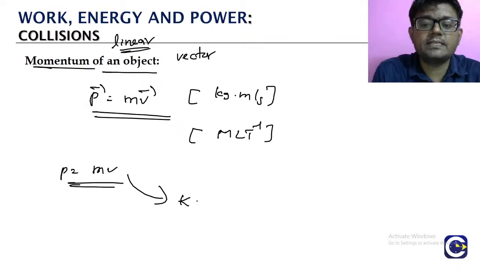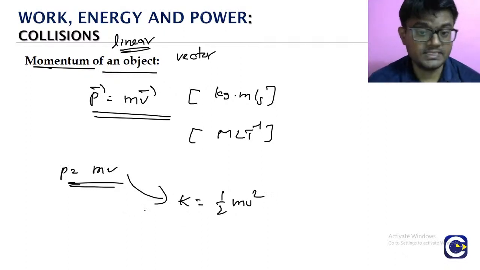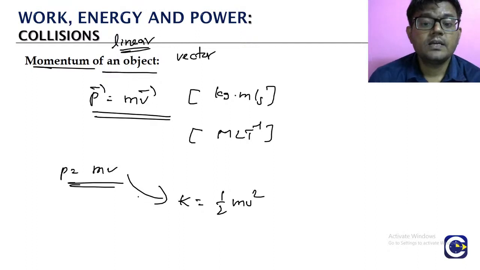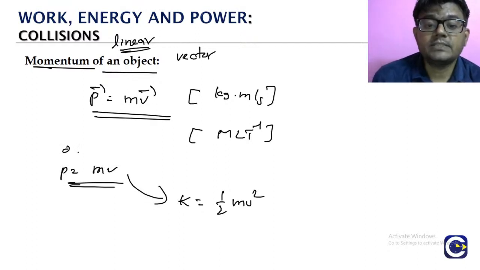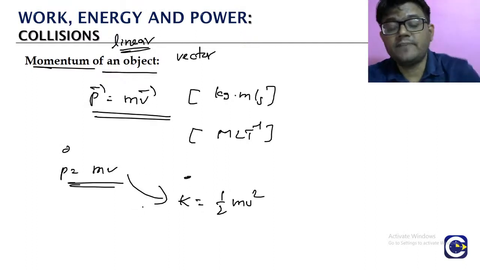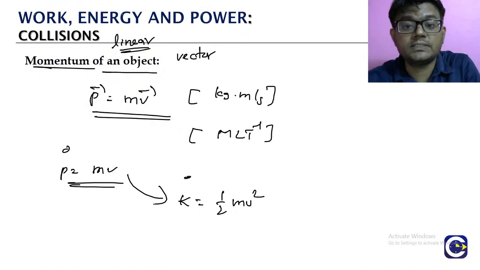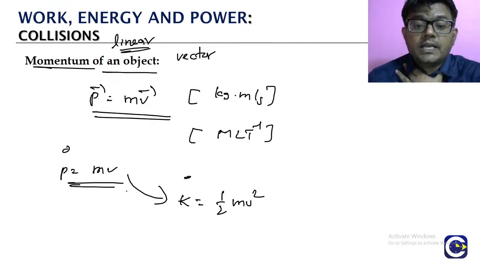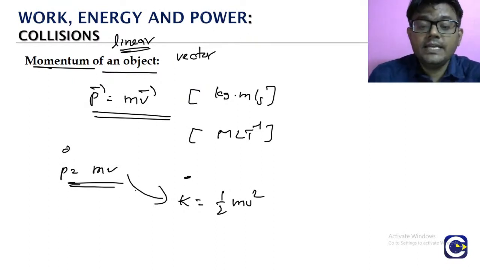What is the kinetic energy? Let us say kinetic energy is K. Its value is half mv square. So we can relate the kinetic energy and the linear momentum. In fact, there can even be questions formed on the relation between them.